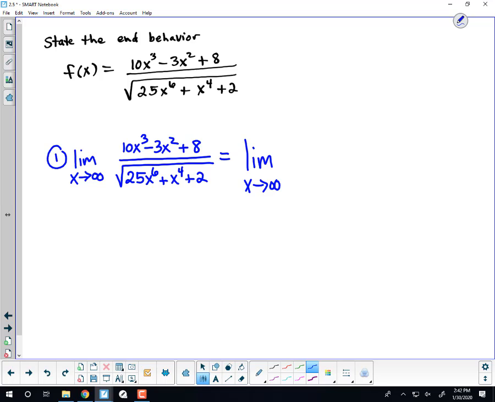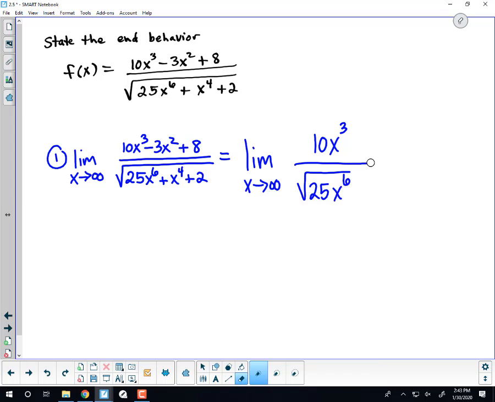So we're going to have our 10x cubed here. The leading term in the denominator is the 25x to the 6th, but we are taking the square root of that, right? So that's going to stay like this.